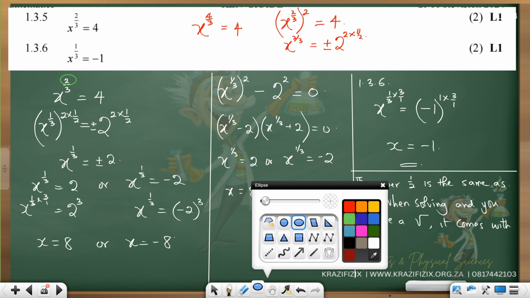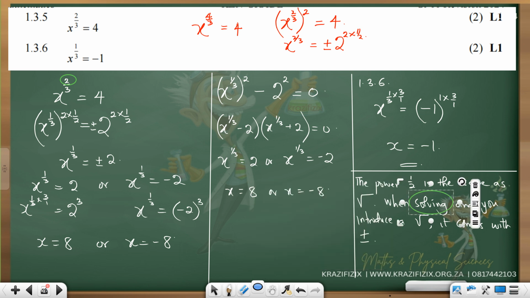Only when you are solving. Only when you are solving. Please, I'm stressing that because it is very important. When you go to trigs, you're going to have the same thing. So the power half is the same as a square root. When you are solving and you are the one introducing a square root, you must introduce it with plus or minus. So every time I have to multiply with a half power, please bring in plus or minus. Are we okay there? And ready to move on?